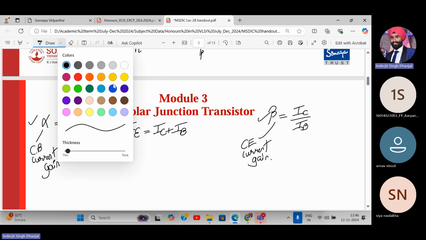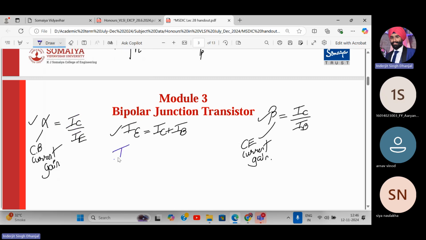We should also know about the leakage currents. We say IC is beta IB plus ICEO, which is the amount of leakage current. And what is the relation of ICEO and ICBO?